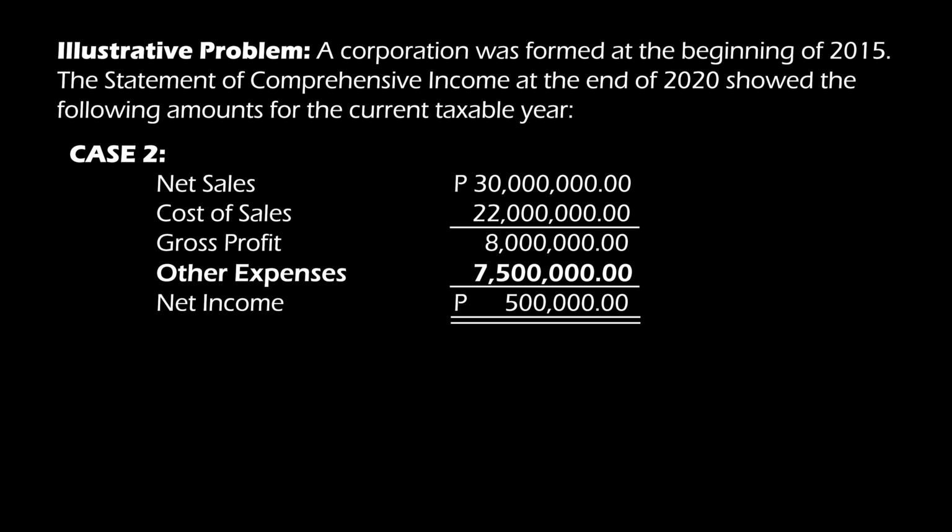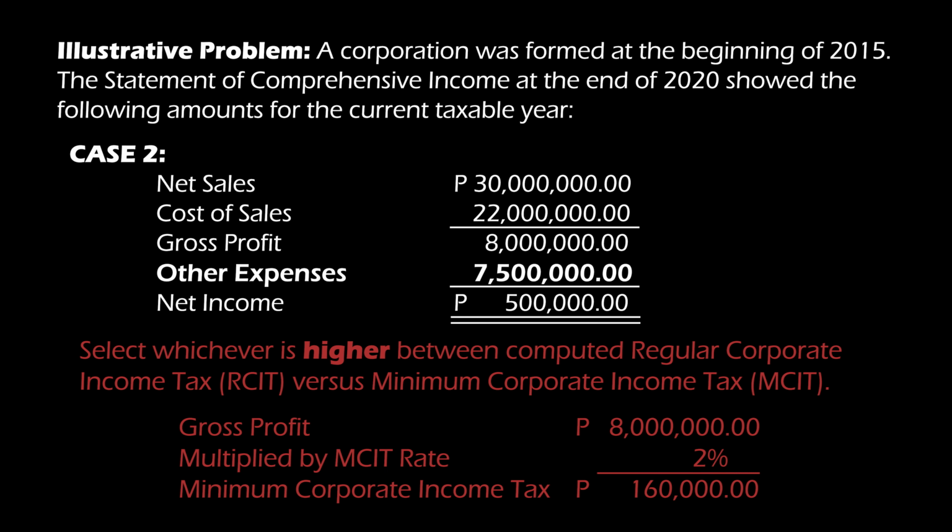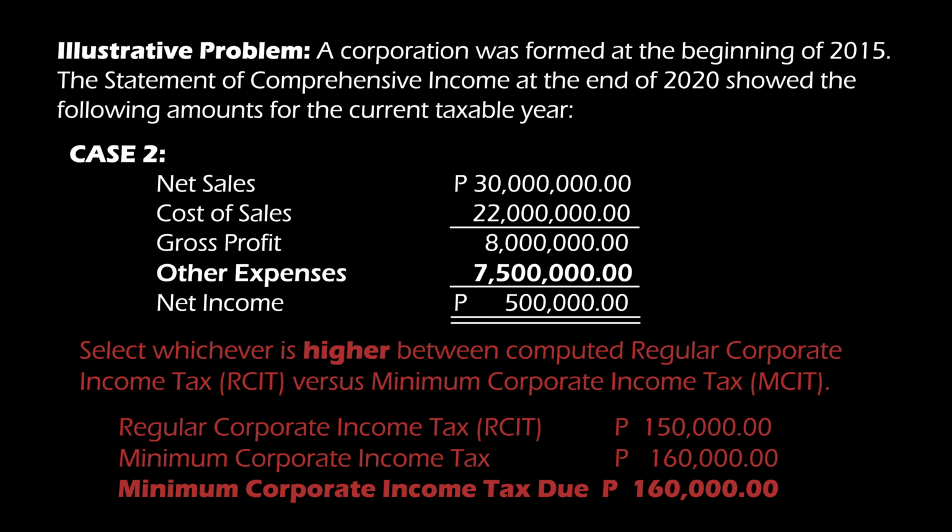So from 2015 to 2020, MCIT can now be imposed. Now select whichever is higher between the computed regular corporate income tax versus the MCIT. The computed regular corporate income tax is 150,000, but the MCIT is 160,000. Therefore, our corporate tax due will be the computed MCIT.